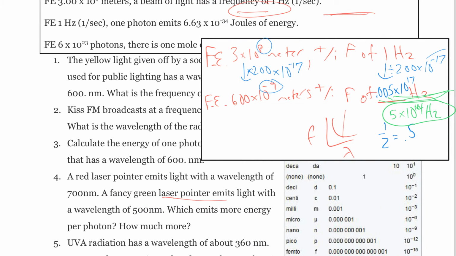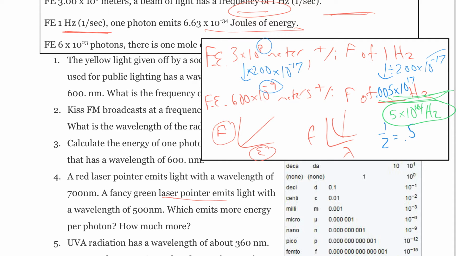And I know the relationship between energy and frequency is direct. We talked about that when we did the lab. We said, look, if we walk with smaller wavelengths, it takes more energy, or the smaller frequencies, if we walk with smaller steps.